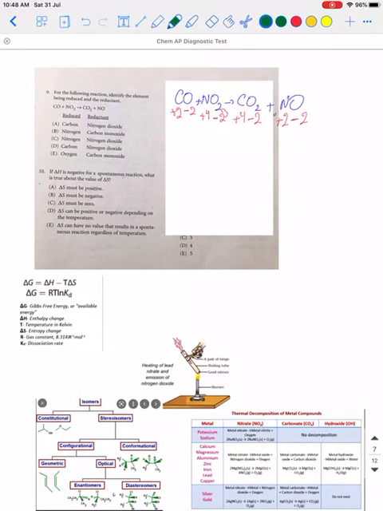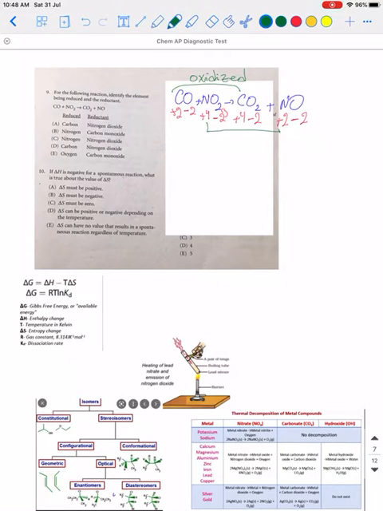Now let us see which one is oxidized and which one is reduced. The carbon was +2 and turned to +4. Positivity increased, meaning the number of electrons decreased, so it is oxidized, losing electrons. Nitrogen was +4 and turned to +2.